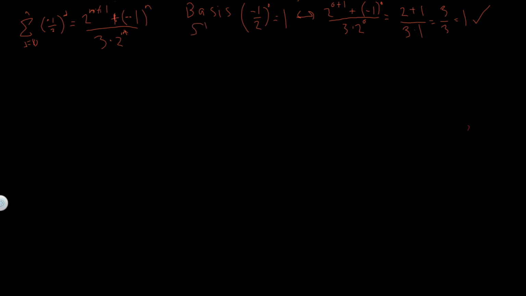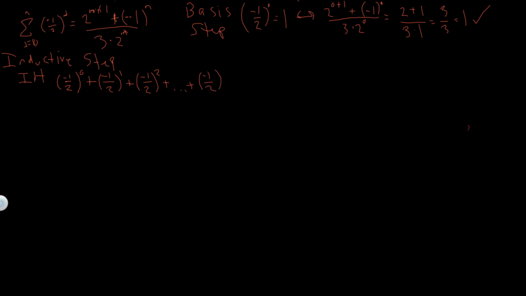That's the basis step. And the next step after that is the inductive step. So we'll just write this out on every problem. We'll write down inductive step. And then the first portion of the inductive step is our hypothesis. So we'll take our hypothesis as the sum of, and I'm going to write it out, negative 1/2 to the 0 plus negative 1/2 to the 1 plus negative 1/2 to the 2 plus dot dot dot up to negative 1/2 to the k.